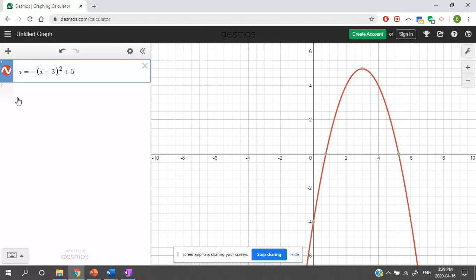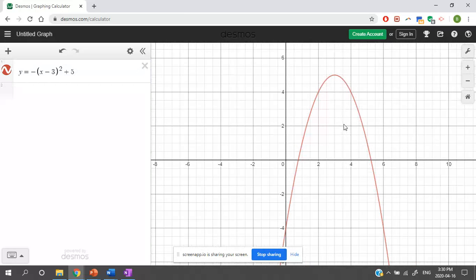Okay, so we can see that the parabola goes down forever, and so any negative value would be possible for y, but then it hits a maximum here of 5 at the vertex, right? So because it opens downwards, it has a maximum, and therefore its maximum value is 5.